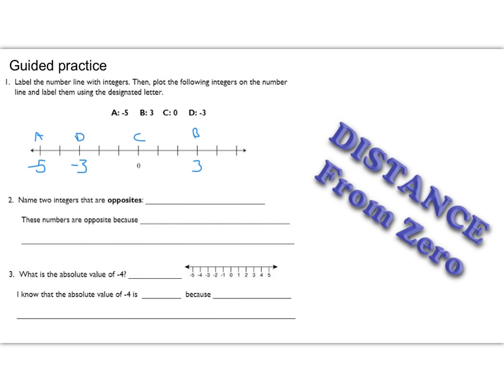So let's write that down. Name 2 integers that are opposites. We can say -3 and 3.